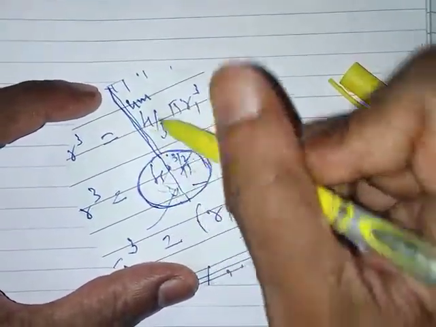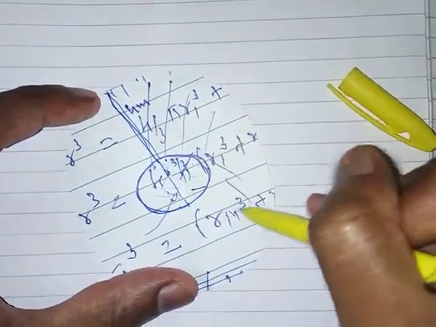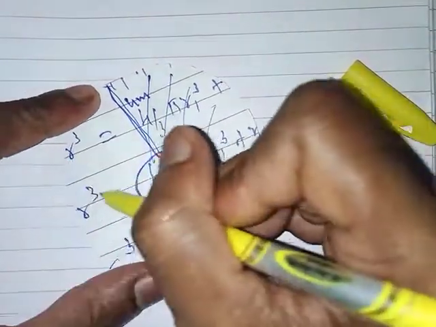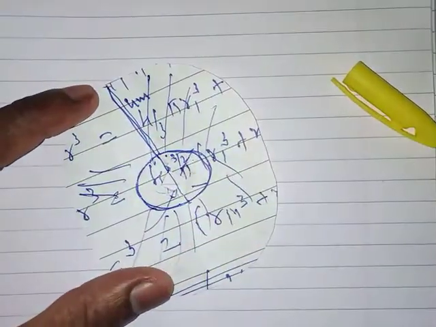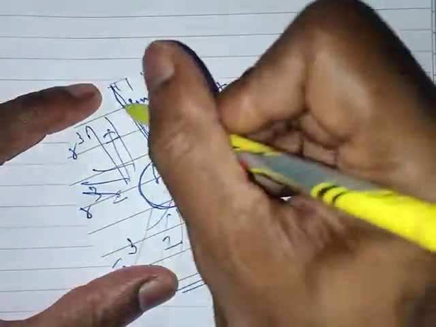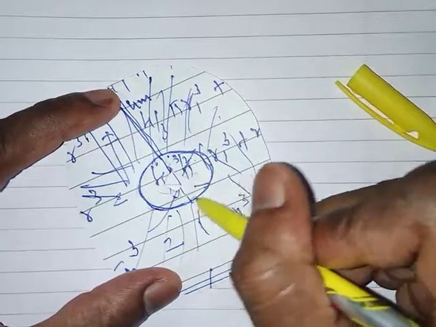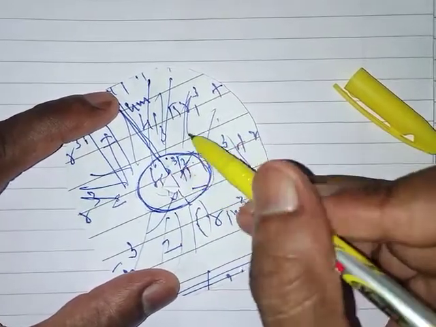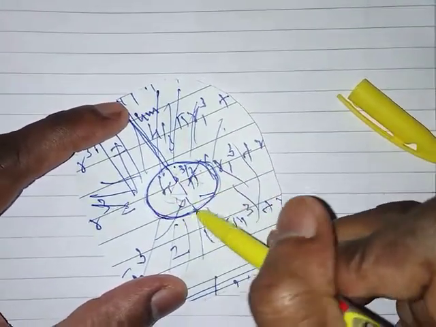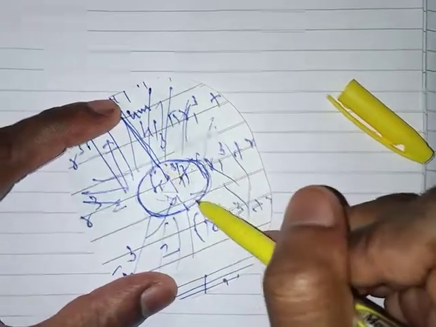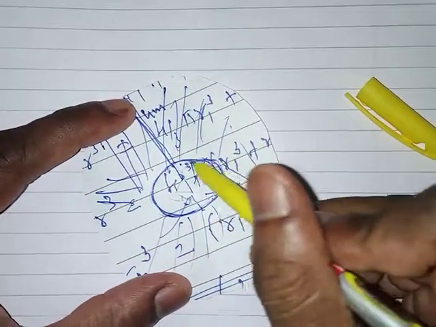So how will we find this area, this area around it? Okay, this is a cylindrical shape. So the area of the cylinder with the bigger radius minus the area of the small cylinder.